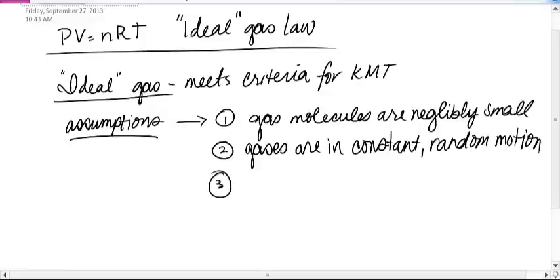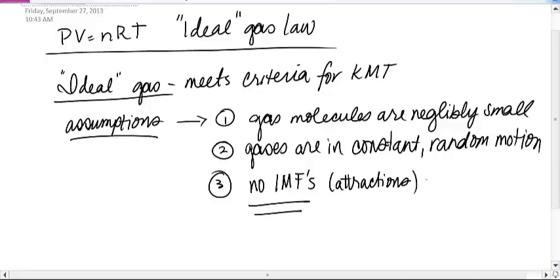A third thing that we could assume is that there are no intermolecular forces or attractions, which we really haven't spent any time on yet this year, but you may recall hydrogen bonding or London dispersion forces, or just dipole-dipole attractions. It assumes that there are no attractions between them because they're moving fast and they're far apart from each other, which also contributes to the fact that the collisions between them are perfectly elastic. In other words, they bounce back exactly because there's nothing attracting them.